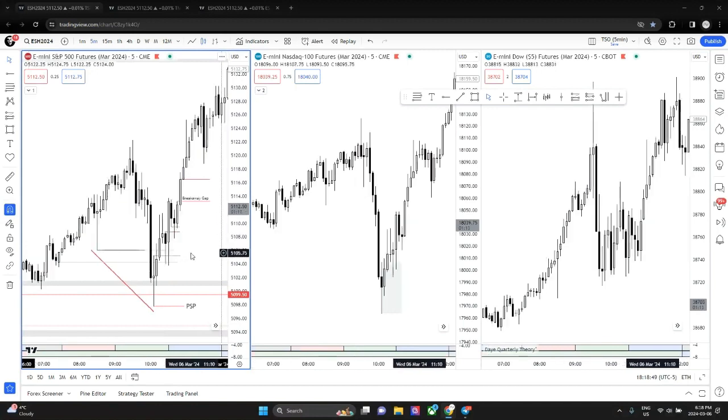So it's not that you can't buy above true session opens or true opens. It's not that you can't. It's just that the buying must have been initiated already.